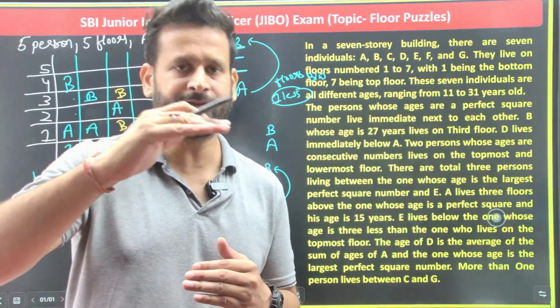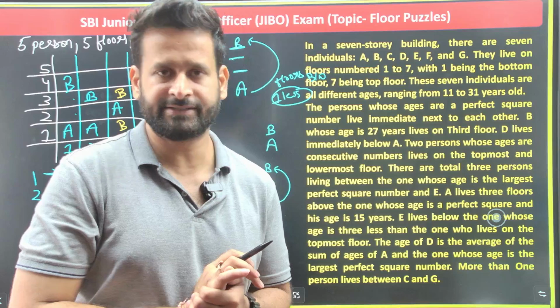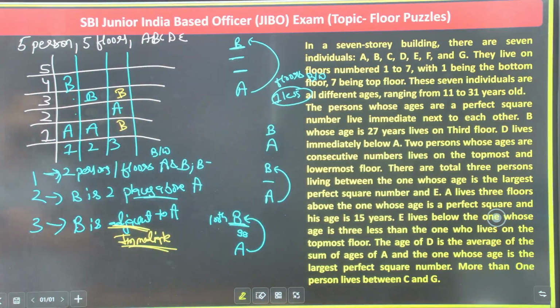Adjacent means either immediate above or immediate below. That is the meaning of adjacent, right? B is adjacent to A. I hope this was clear.